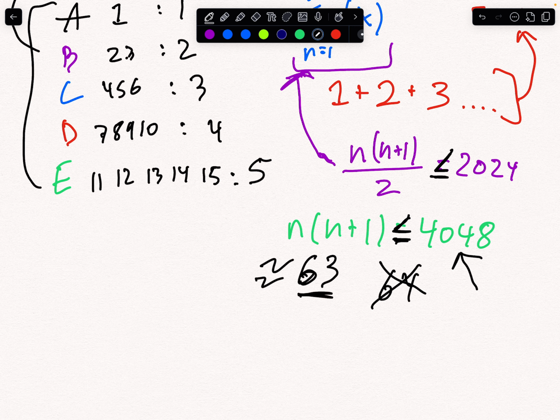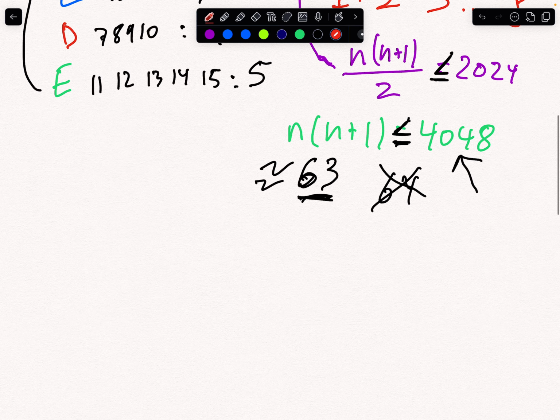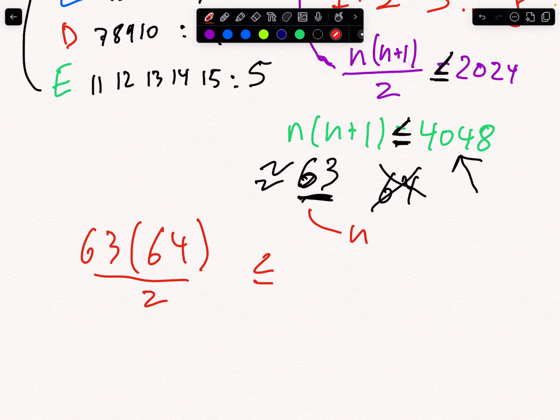So 63 is the last integer that works. Let's try this out to make sure. If n is 63, it would be 63 times n plus 1, which is 64, over 2, which has to be less than 2024. And this is, in fact, 2016.